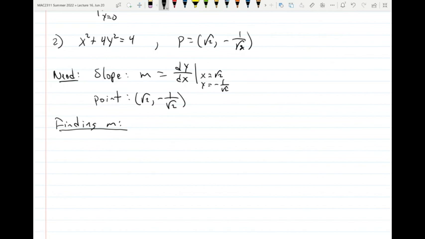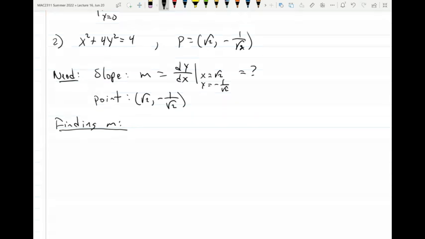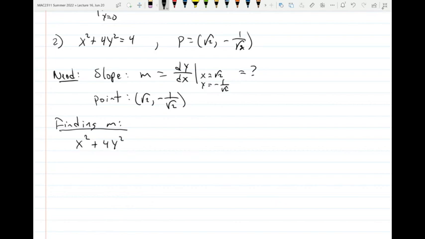So that's what it means to find the slope. We need to come up with that number. It's easier to do this using implicit differentiation. In this case, you could solve for y, but you have to be careful because you have to take the negative version because of the position of the point, and then use the formulas there. That's too troublesome. It's easier to just use implicit differentiation.